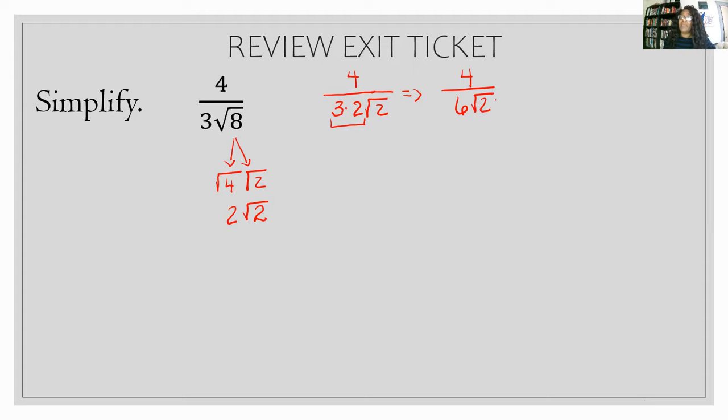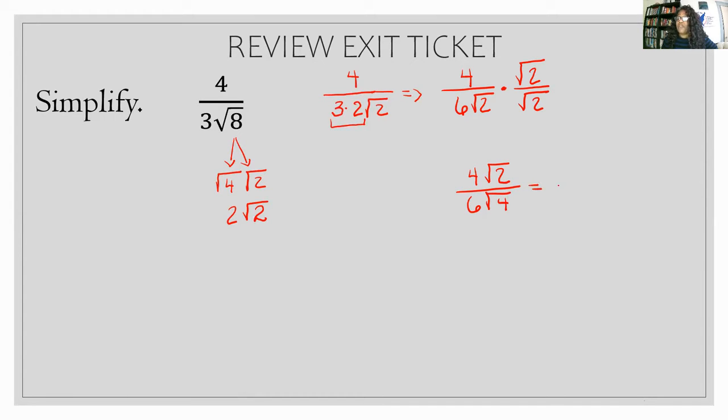But like we said, we can't have a radical in the denominator. So I'm going to multiply the numerator and the denominator by that radical 2, or the square root of 2. Because when I do that, this square root of 2 times this square root of 2 is going to give me the square root of 4. So I have 4 times the square root of 2 over 6 times the square root of 4.